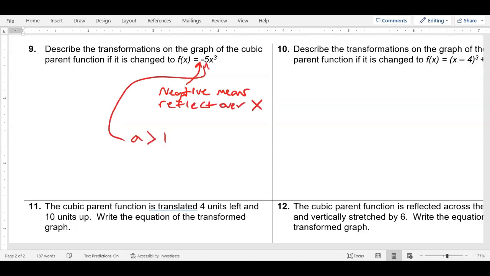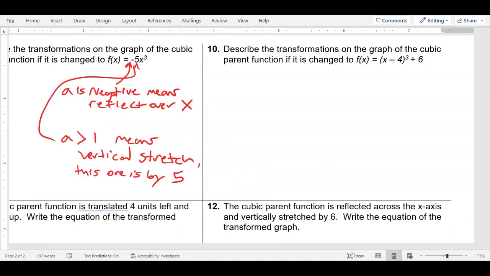A greater than 1 means vertical stretch. So A is negative means reflect over x. A greater than 1 means a vertical stretch. This one is by 5.